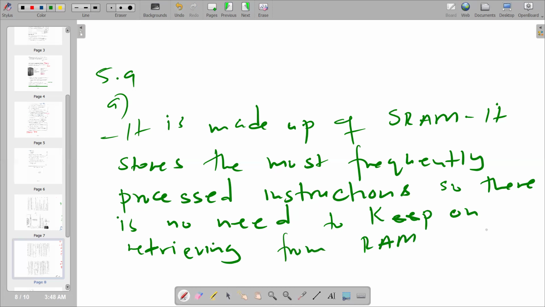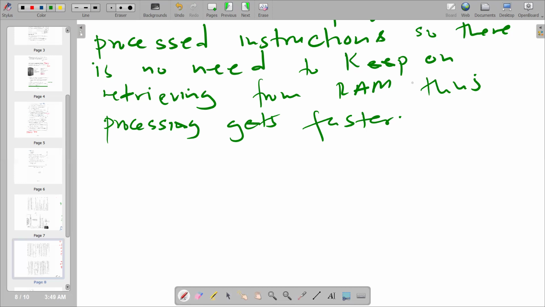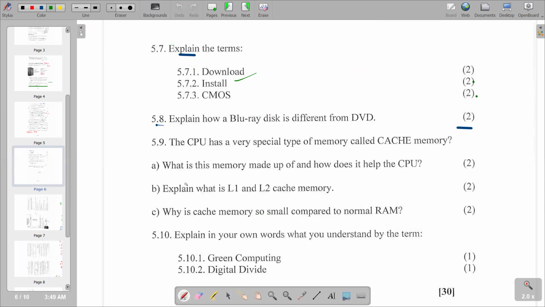And as processing gets faster, so that's what we have in terms of 5.9A, which requires us to explain what this memory is made up of, that is the cache memory, and how does it help the CPU. So that's the question that we have.